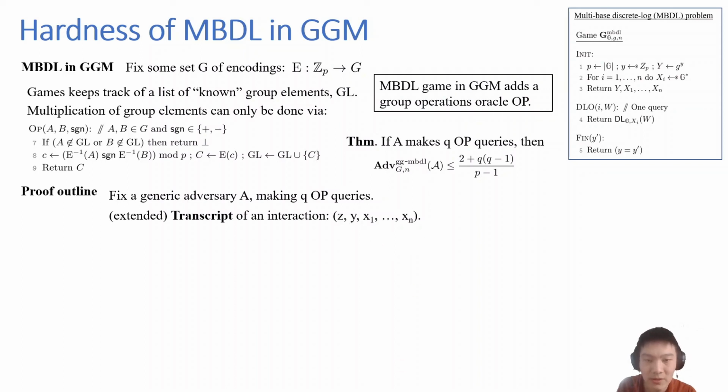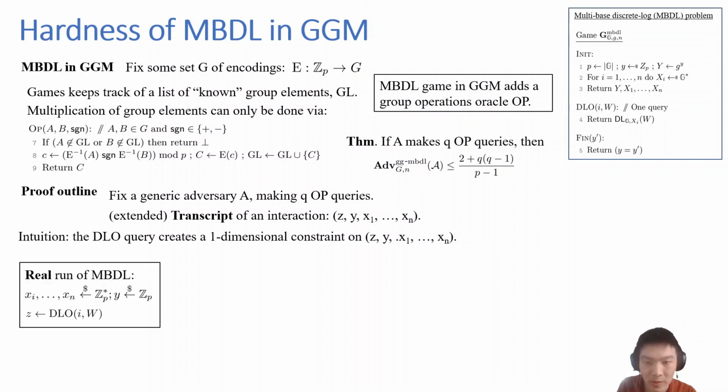Note that this transcript fixes the behavior of the game if you also fix the randomness of the adversary, but it gives more information than what the adversary gets back. So the intuition is that the discrete log oracle query creates a one-dimensional constraint on these variables from Z_p.